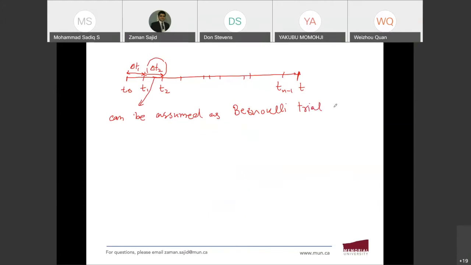This is based on the fact that in a Bernoulli trial there are only two outcomes, as we studied last time. So what could those two outcomes be? It can either occur or it cannot occur.